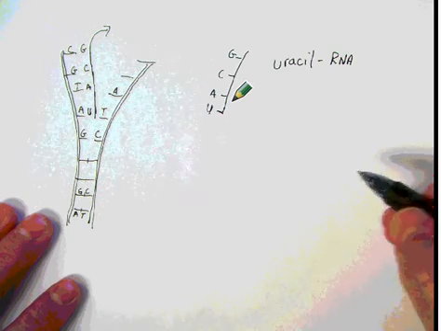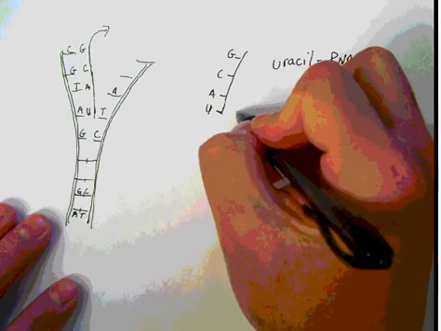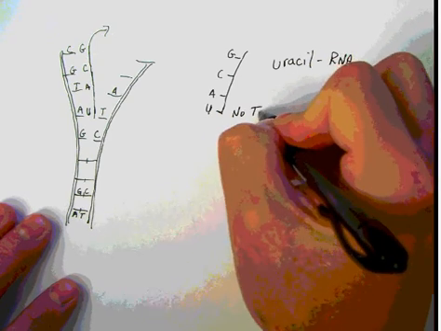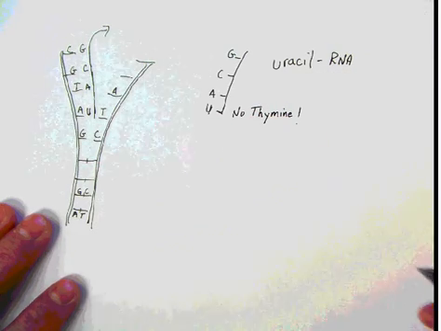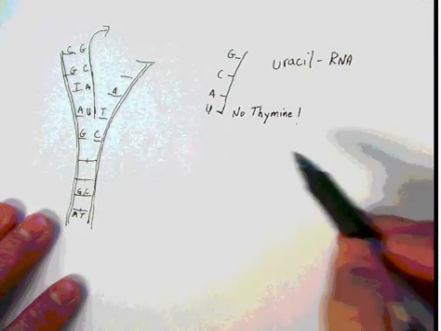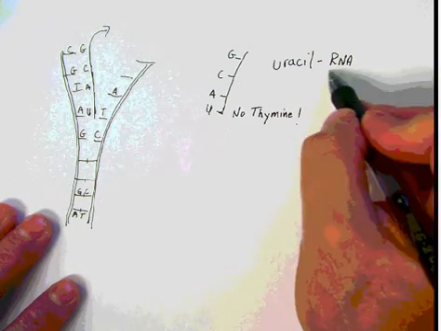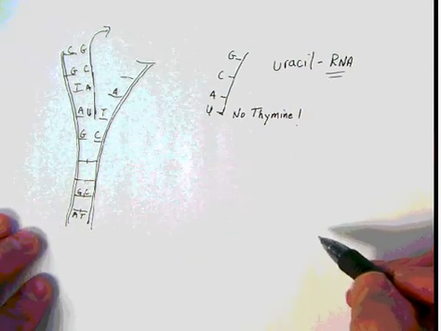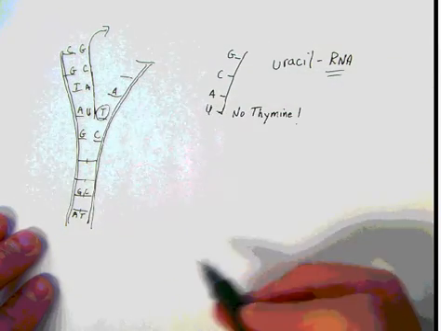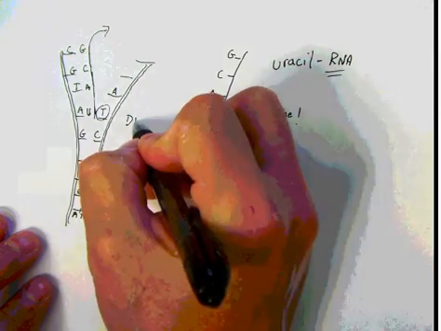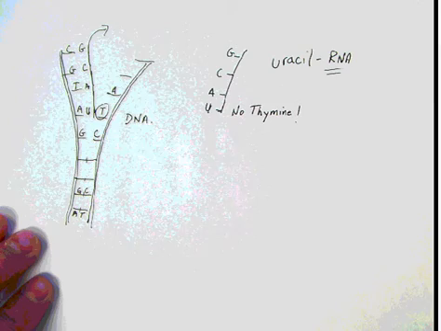And it's substituted for thymine. So if you ever see a genetic code with a U in it, you know that it's RNA. If you ever see a genetic code with a T in it, you'll know it is DNA. Right? So those are very important facts.